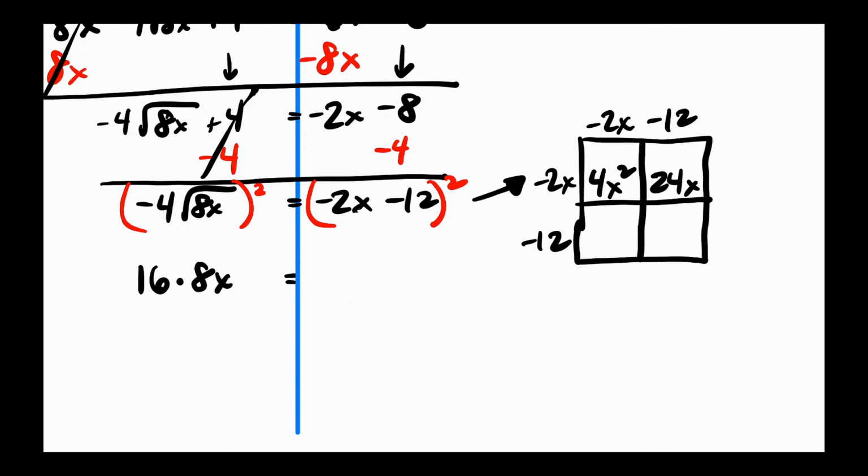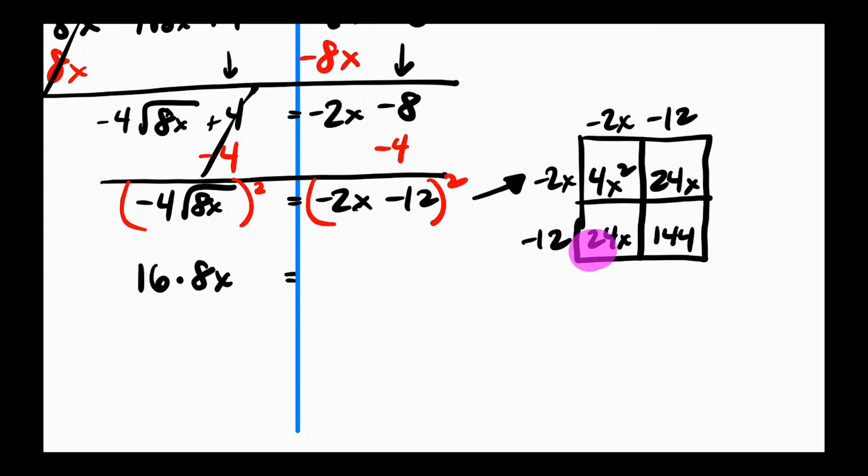So that's going to make positive 24. And then the last one is negative 12 times negative 12, which is going to be positive 144. Combine like terms.